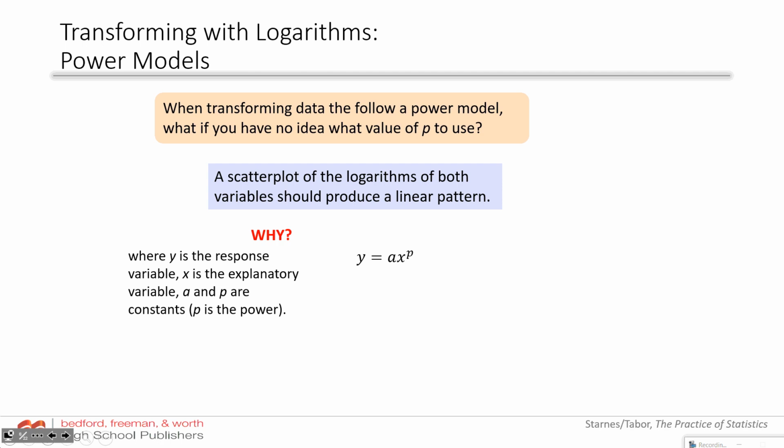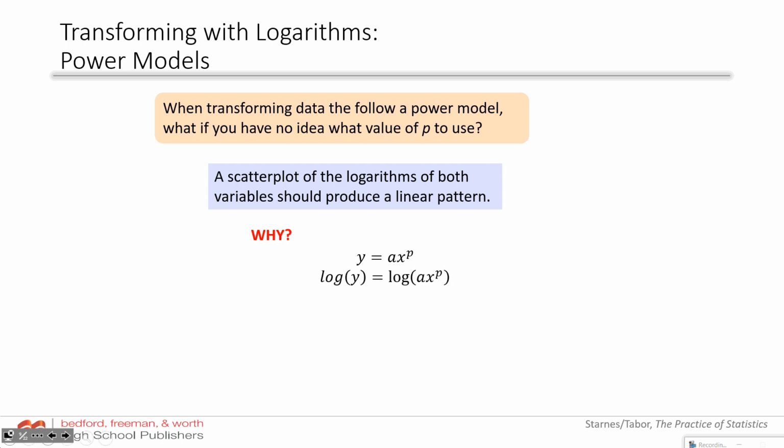So if I do some math, and this is why I reviewed these rules with you, if I take the logarithm of both sides of this equation, this is what I get. The log of y is equal to the log of a times x to the p. Now, I'm going to break apart that right side, or expand it, using my rules of logarithms.